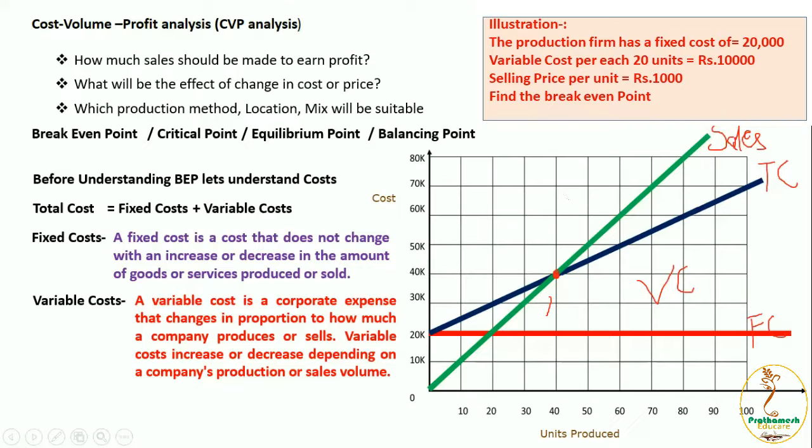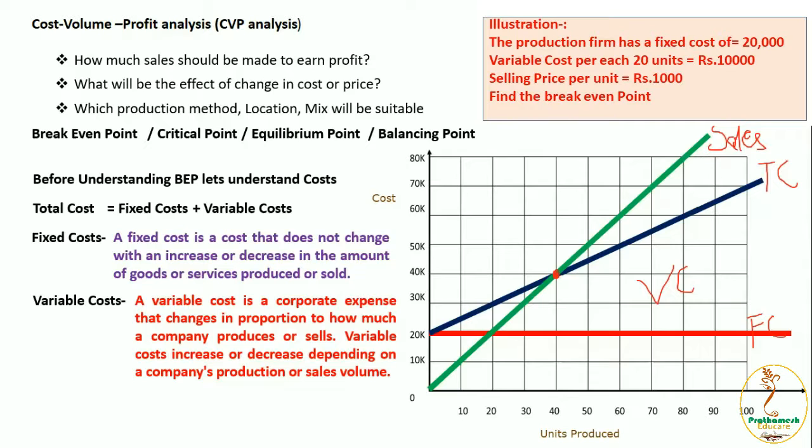This point will be called the break-even point because at this point, our total sales equals our total cost. So the point where no profit or no loss is happening, where my total cost and total sales are equal, where it is balanced.